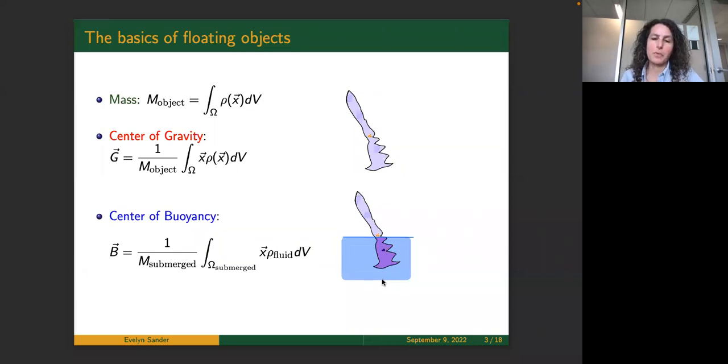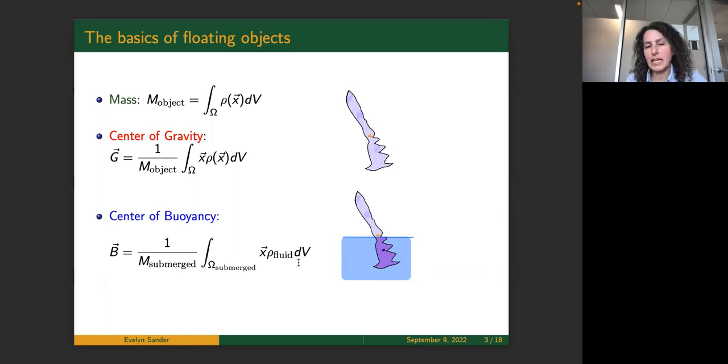To get the center of buoyancy, I'm taking one over the submerged mass times the integral over the submerged range of x times the density of the fluid, not the object itself, dV.